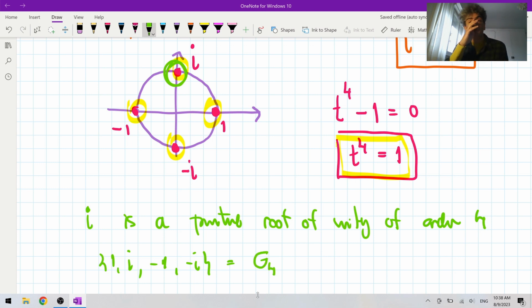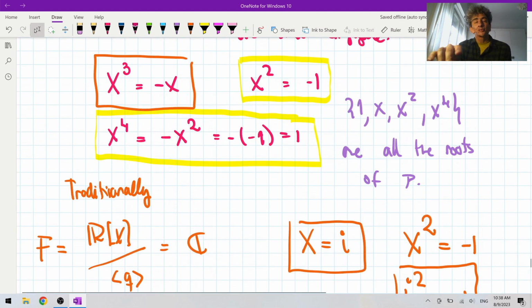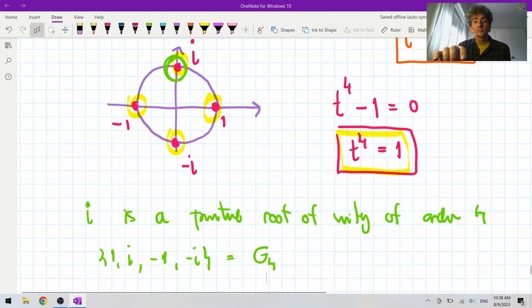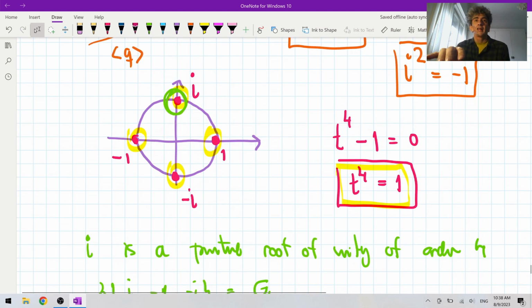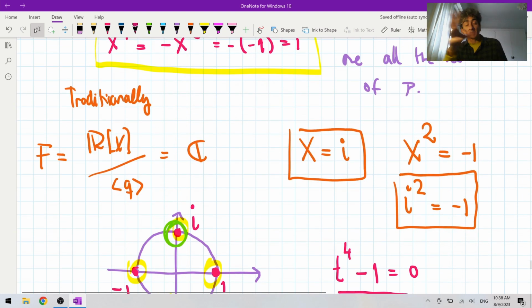Cyclic group, because it's generated by i. All right? So there's an interaction between what we know from groups and what we have learned in the context of fields.